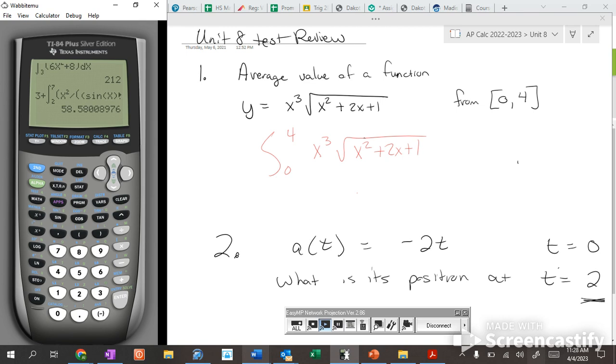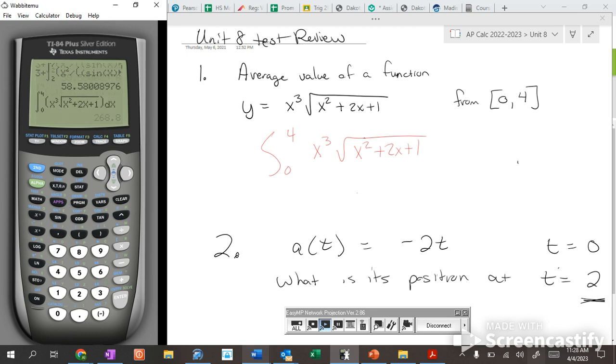So looking at this, if we go math 9, it brings up the integral from 0 to 4 of x cubed times the square root of x squared plus 2x plus 1 dx.